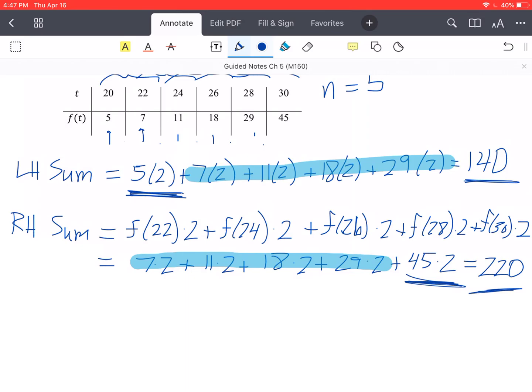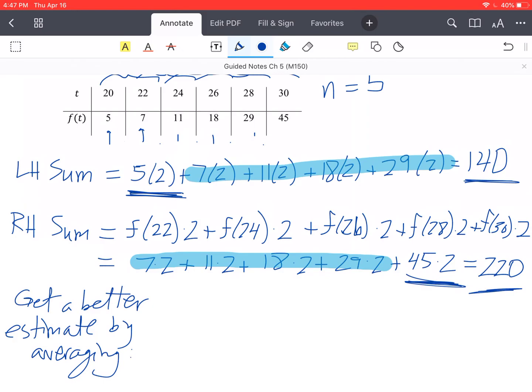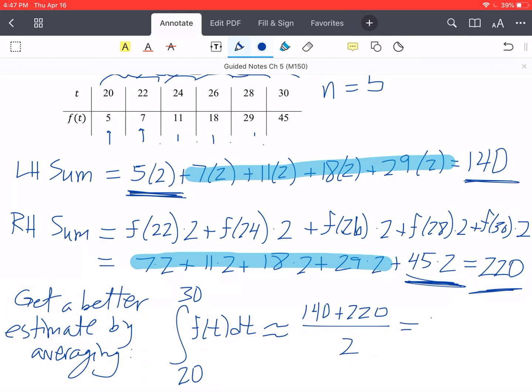So I know that the actual area is somewhere between these two, but we're going to get a better estimate. We're just going to do that by taking an average. So the integral from 20 to 30 of f of t dt is approximately equal to 140 plus 220 over 2, which is 180.